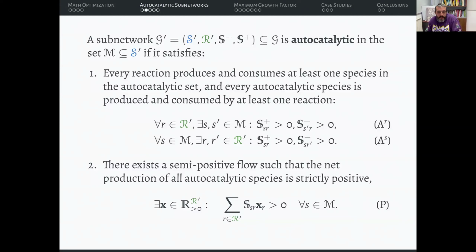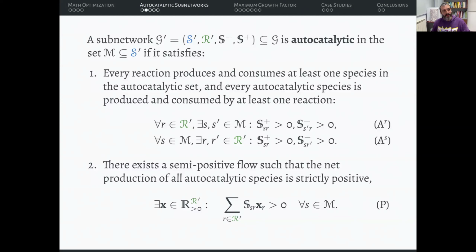So for a subnetwork, which is a subset of species and hyperarcs, and a set M of a given chemical reaction network to be an autocatalytic subnetwork, the conditions are, first, autonomy: for each reaction there are species in the left and right-hand side of the reaction that are in the set of autocatalytic species, the set M. And for each species in the autocatalytic set, there is a reaction in which the species is in the left-hand side and in the right-hand side, right?